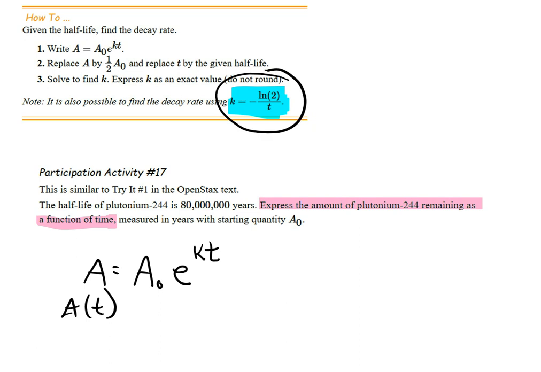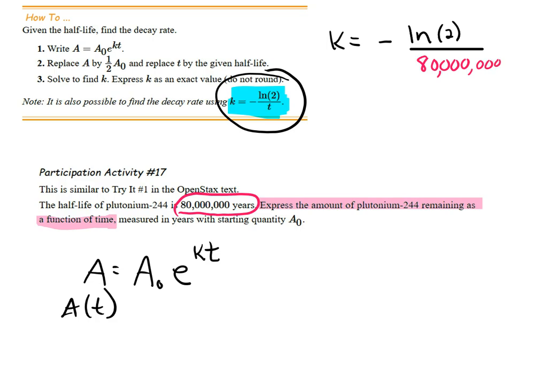So k is going to equal a negative natural log of 2 divided by time, and time in this problem is 80 million years. I need the commas. My Mobius won't let me put them in there.